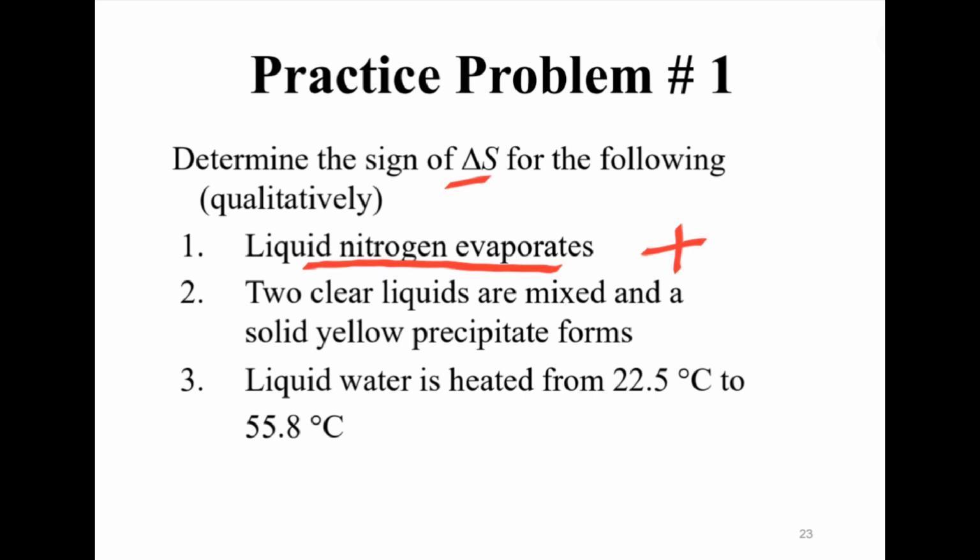2 clear liquids are mixed and a solid yellow precipitate forms. ስለዚህ ሁለት ሊኩዶች ሚክስ አድርገን ቢጫ ከለር ያለው ሶሊድ ቢፈጠር ነው። ስለዚህ ከሊኩድ ወደ ሶሊድ እየተቀየረ ነው። ስለዚህ ኢንትሮፒው ቀነሰ። ስለዚህ ሲቀንስ ኔጌቲቭ ሳይን ይኖረዋል ማለት ነው። Liquid water is heated from 22.5 degrees Celsius to 55.8 degrees Celsius.